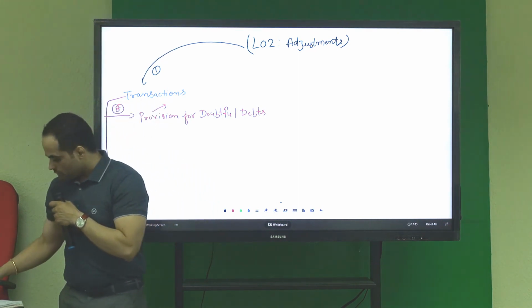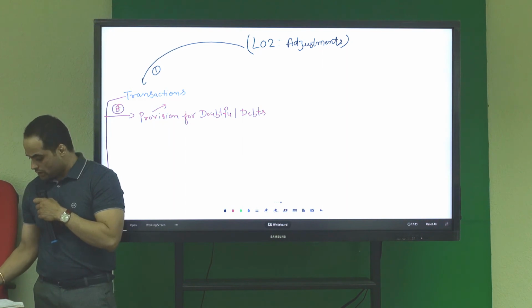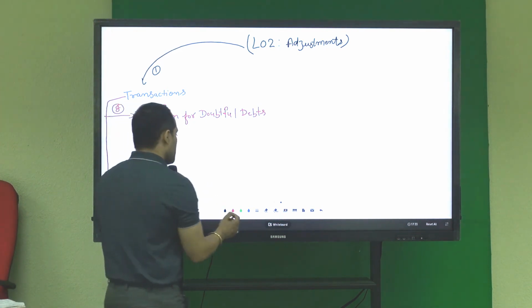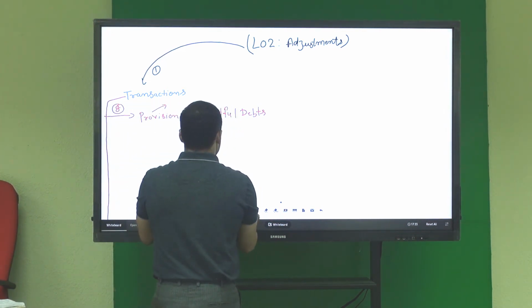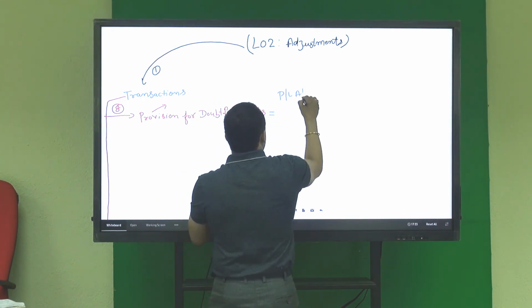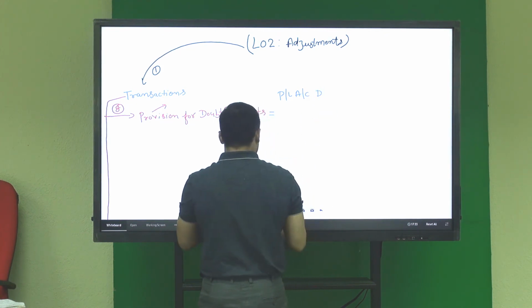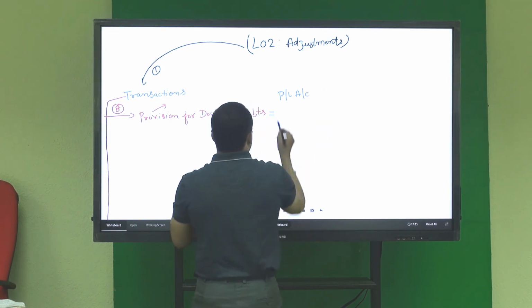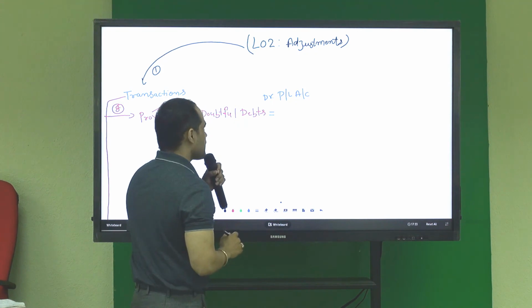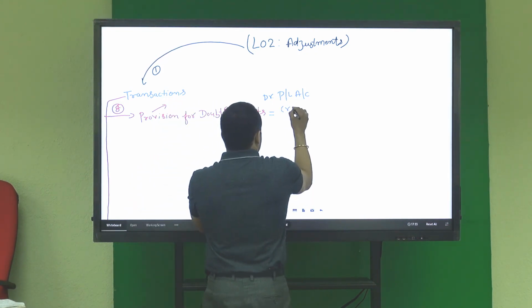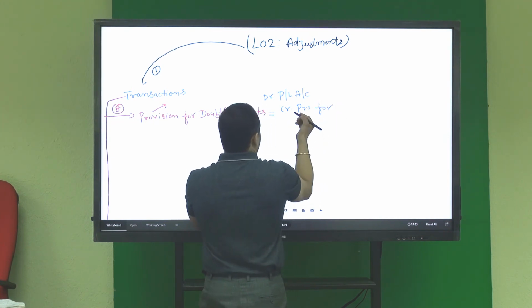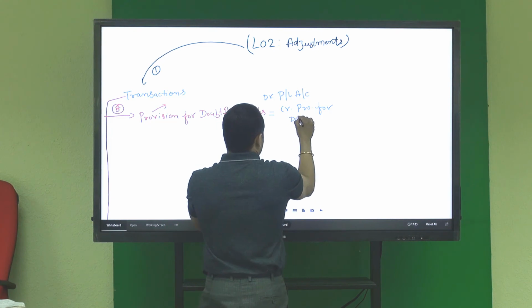So what will be the journal entry? Debit profit and loss account and credit provision for doubtful debts, or provision for bad debts.